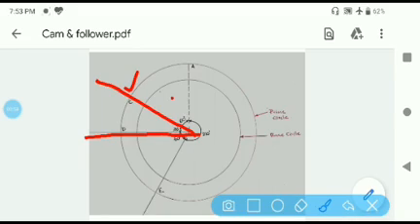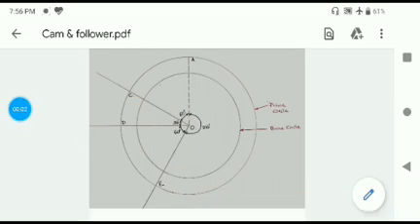That will be the first dwell period region, and then with respect to the next new line, you take an angle of 60 degree, and from O you draw a line, and that region is the return stroke region, and the rest of the region is the second dwell period region.